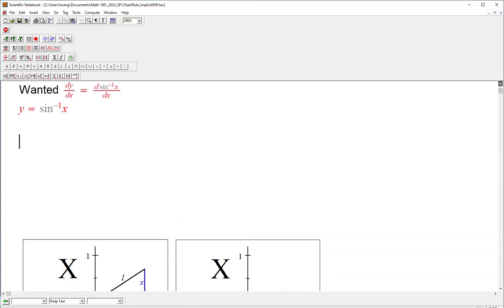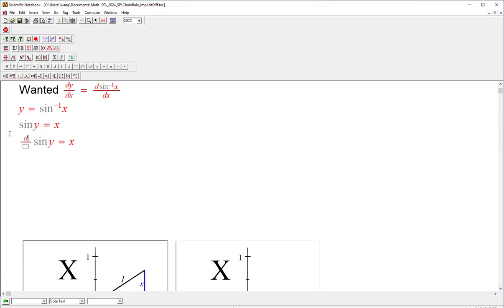But anyway, we got y equals arcsine x, right? And we understand that means the sine of y is equal to x. What we want is dy/dx. We're going to take a derivative on both sides with respect to x.